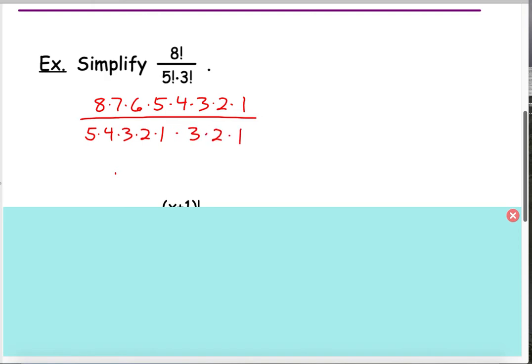Now, there's no need to multiply all this stuff out and then try and divide these gigantic numbers. We can do some canceling. Because everything's being multiplied, this 5, and this 4, and this 3, and this 2, and the 1, which doesn't really matter, all cancel and become 1s. And then 3 times 2 on the bottom is 6, so I can cross that out with the 6 on the top.